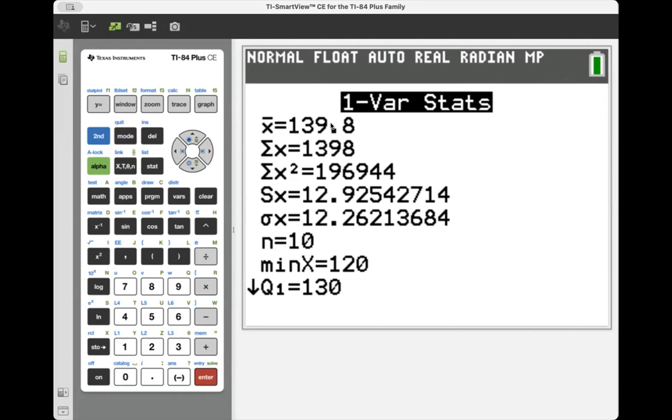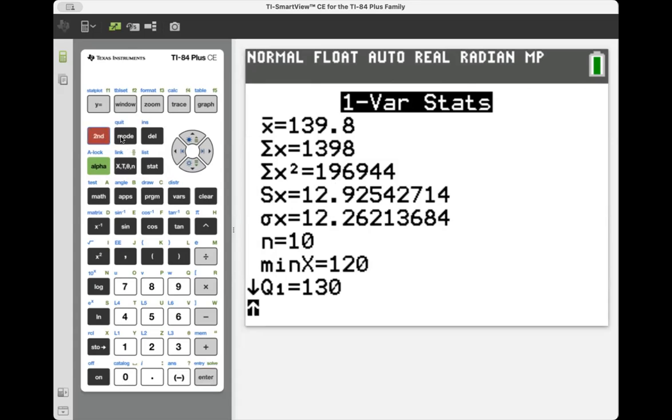And since that data represents a sample, we have access to the sample standard deviation. It would be incorrect to use population standard deviation because that data represents a sample. So we are using Sx. It would be 12.9254, rounded to 4 decimal places. So take note of the mean and standard deviation for the sample.